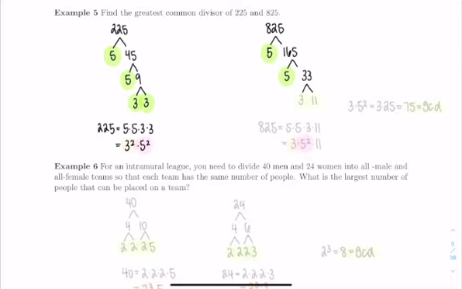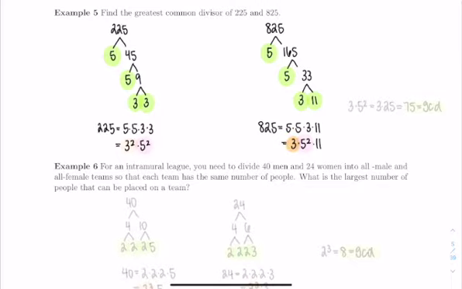And 33 can be broken down as 3 and 11. So 825 is 5 times 5 times 3 times 11, or we can write this as 3 times 5 squared times 11. And so we want to see what they have in common.